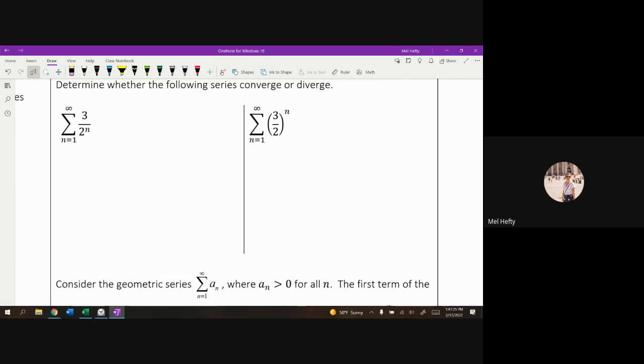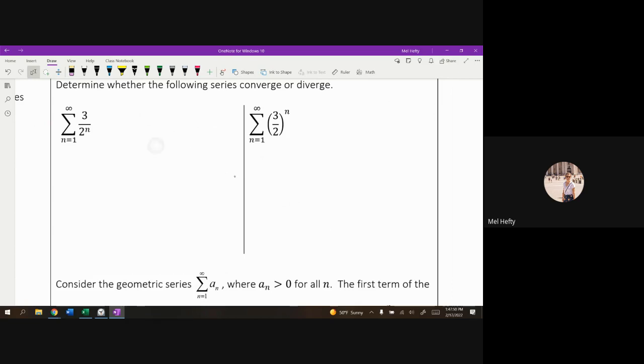Our directions are going to be: determine whether the series converges or diverges. Going back to what I was talking about at the beginning of class today, you being able to tell me if this converges or diverges is fine, but we're crafting an argument. So all of the things I write down other than the word converge or diverge are the important part. Let me show you what we're doing.